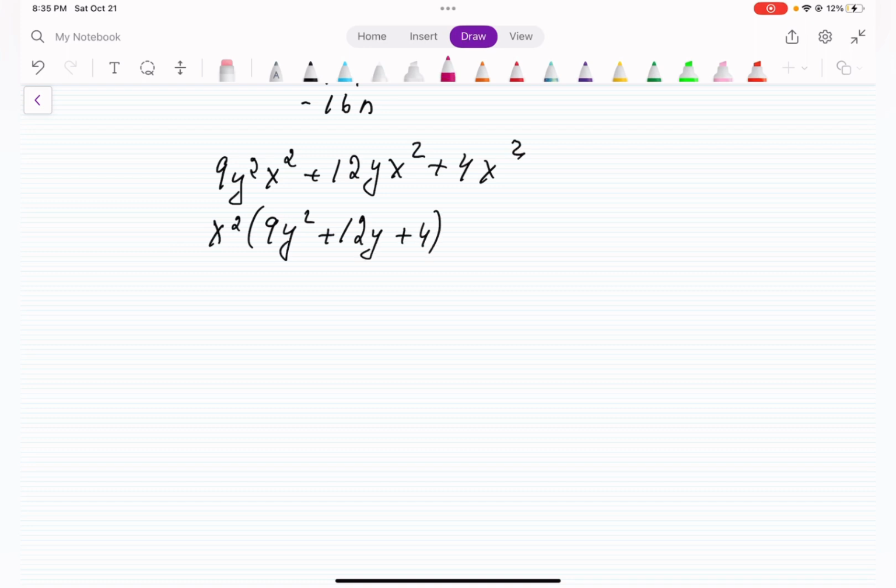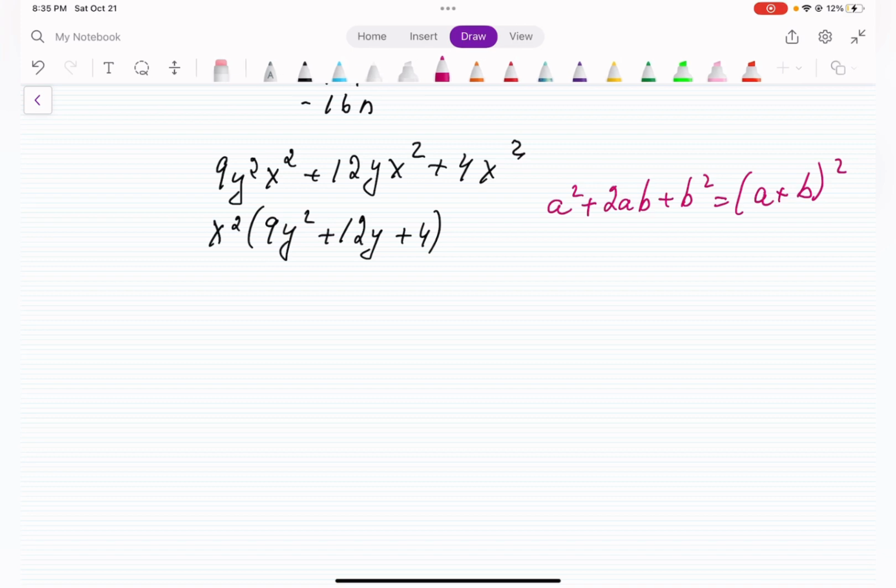Okay, let me write down the formula again. a squared plus 2ab plus b squared is equal to (a plus b) squared. And if we have minus here, then it's going to be minus here also.